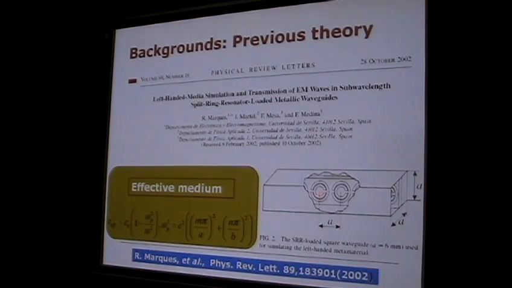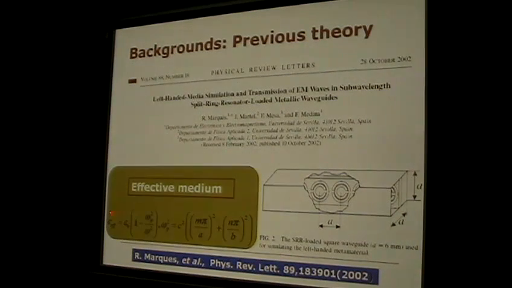However, they put some split-ring resonators (SRR) inside this structure, and they found that when the SRRs are on resonance, there is high transmission through this structure. They explained this high transparency by a simple picture.